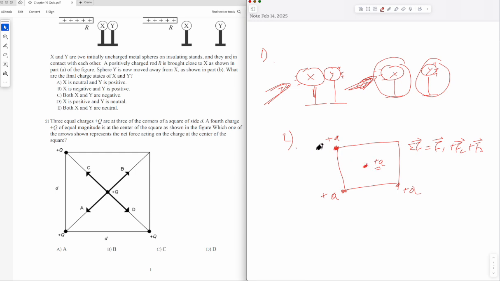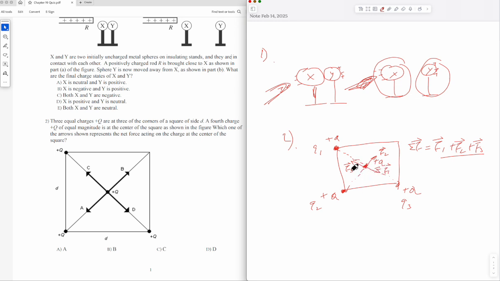So the force from Q1 is along the line linking them together, pushing away. The force from Q2 links them together, pushing away. The force from Q3 on this charge also links them together, pushing away. Now you have F1, F2, F3.